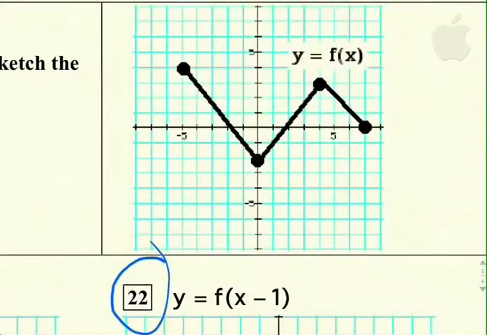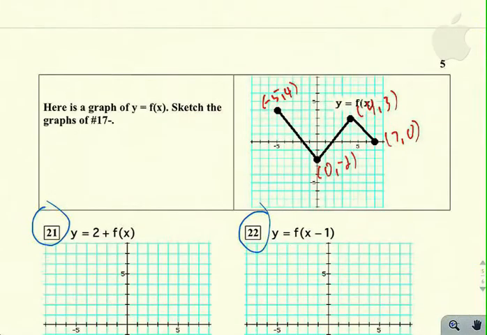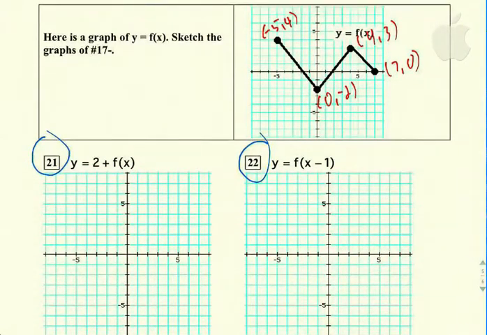All right, let's get those points back. Negative 5, comma, 4, 0, comma, negative 2, 4, comma, 3, 7, comma, 0. Well, what's happening in number 21? Well, you're adding 2 to all the y's. Everything's getting moved up 2.